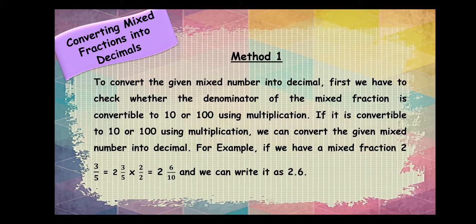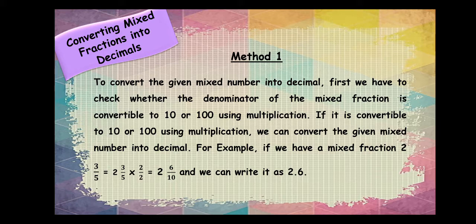For example, here we have a mixed fraction 2 whole 3 upon 5. So 2 is the whole number, and we have to work only with the fraction 3 upon 5. We check the denominator, which is 5, and if we multiply 5 by 2, we can convert it into 10.